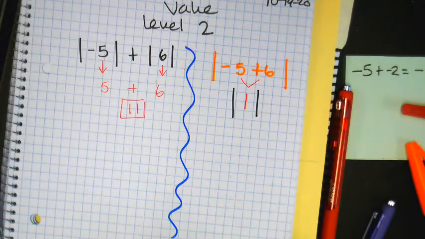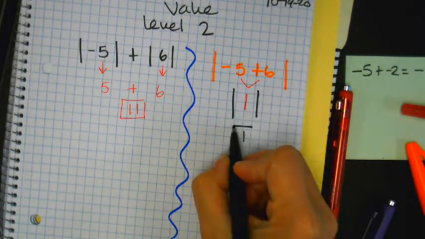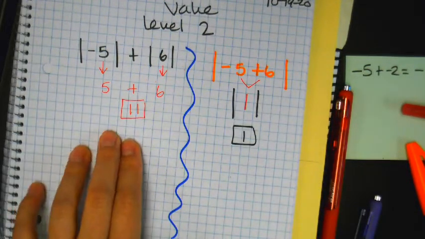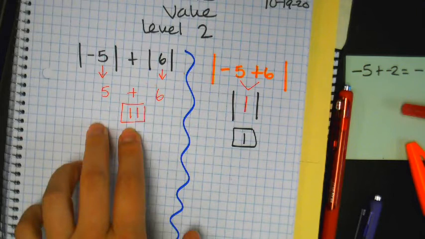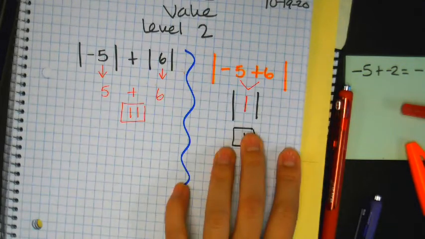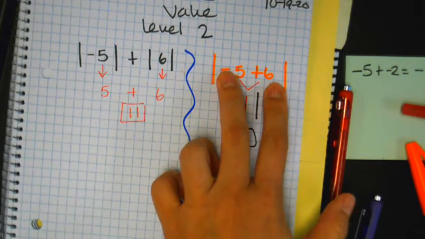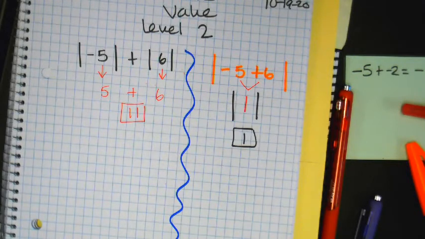What's the absolute value of 1? 1. So on this side, we drop down the individual numbers, we get 11. On this side, we do the math first and then take it out. Okay? Make sure you're copying this down. Everything. Okay, good.